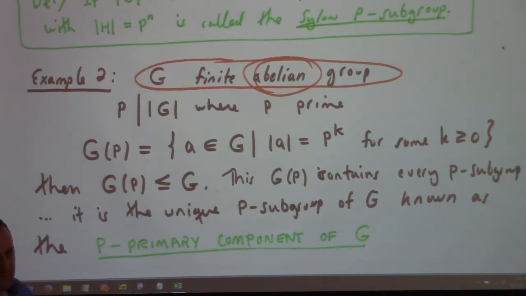So it's not just the P to the power K things. It ranges from the identity up to the maximum, so it collects together all of the elements of the group which have prime power order, whatever that prime might be. Do you remember what a P group is? We talked about this another day.